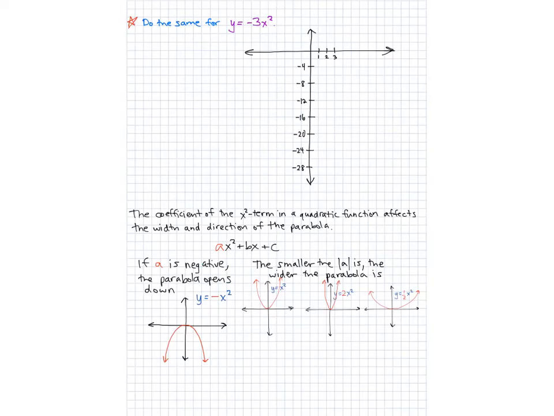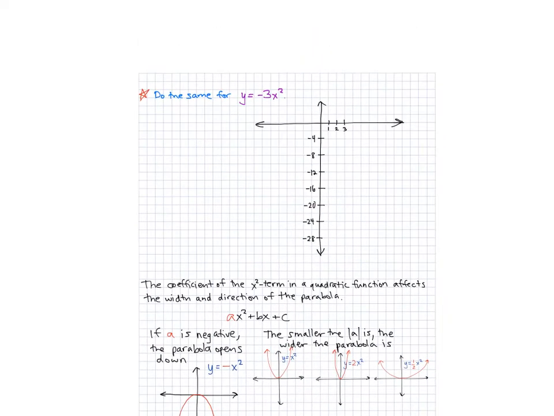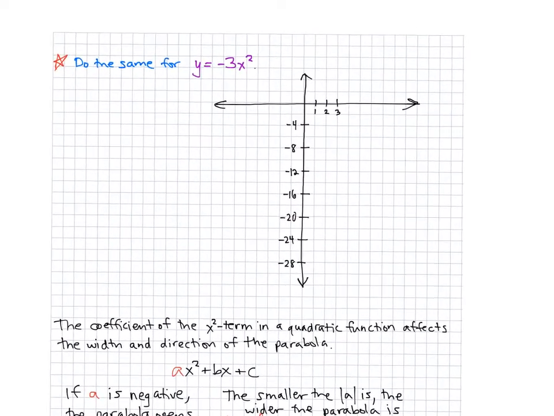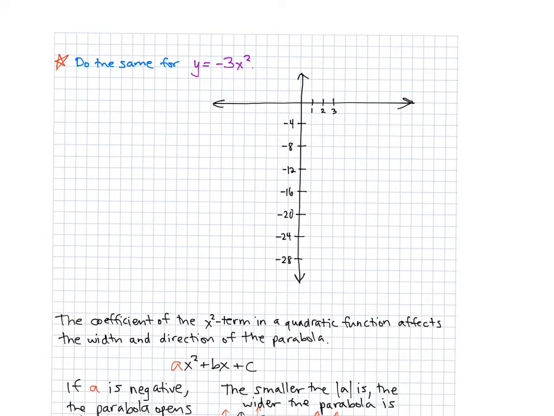Why don't you try this one on your own? Make a table here for x. I would do the same values we did before: -2, -1, 0, 1, and 2. And if you want to throw in an extra 3 there, that'll give you 1 more point.